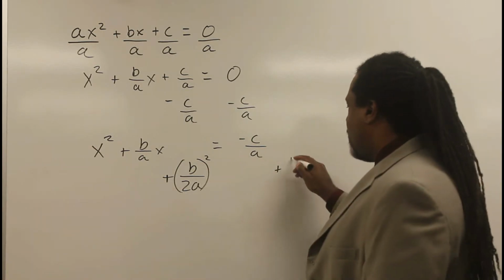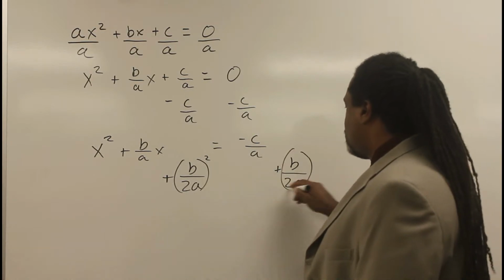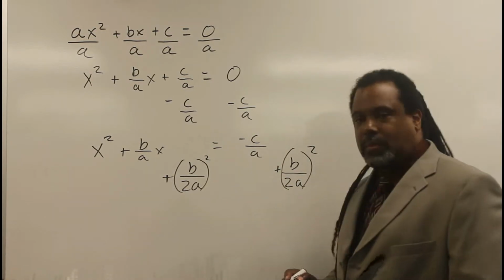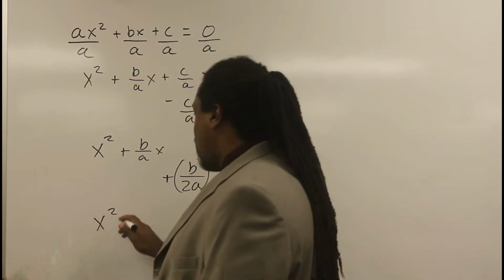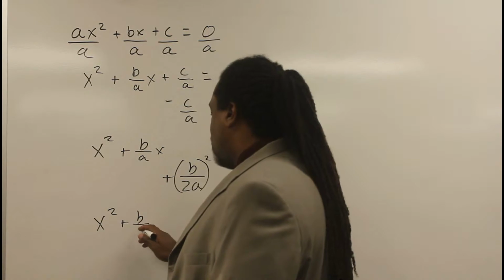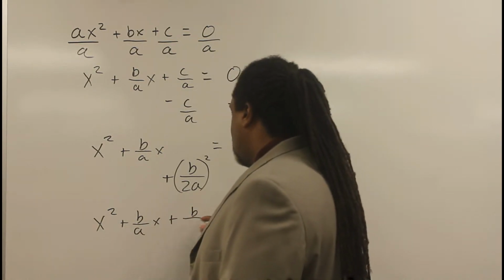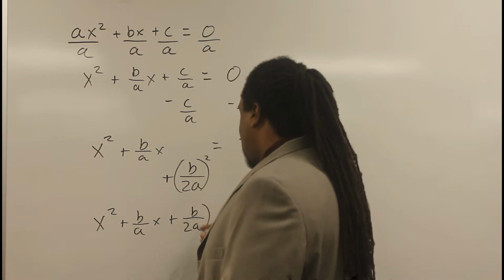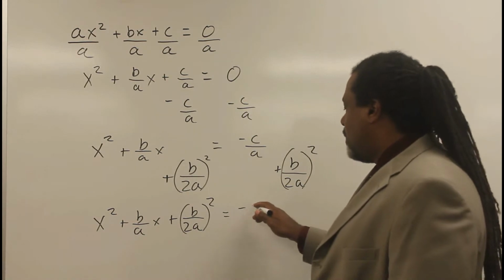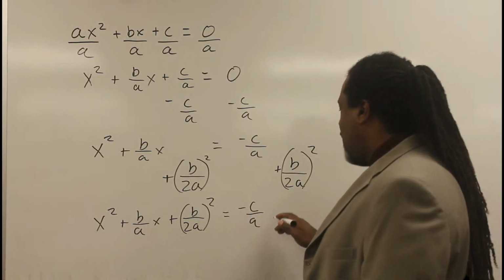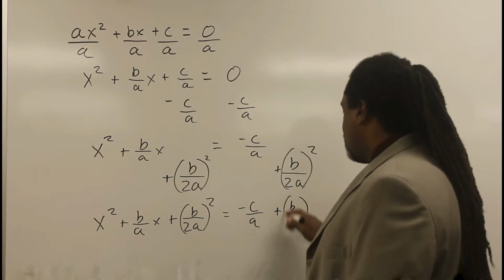So we're going to add it over here too. So I rewrite, and I'm left with x squared plus b over ax plus b over 2a squared. And that equals negative c over a plus b over 2a squared.